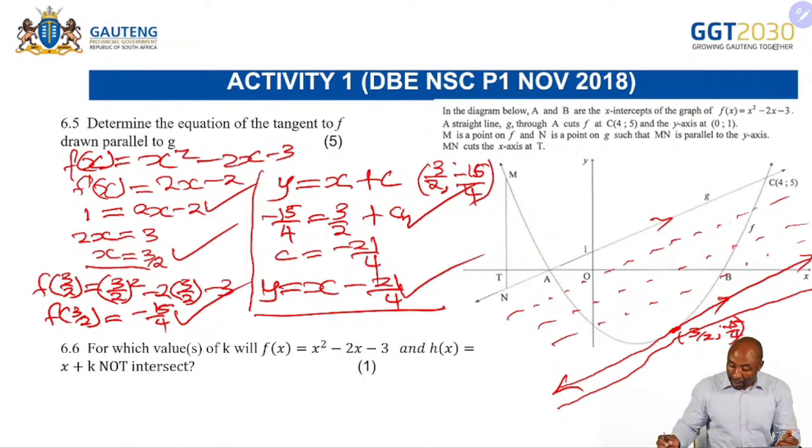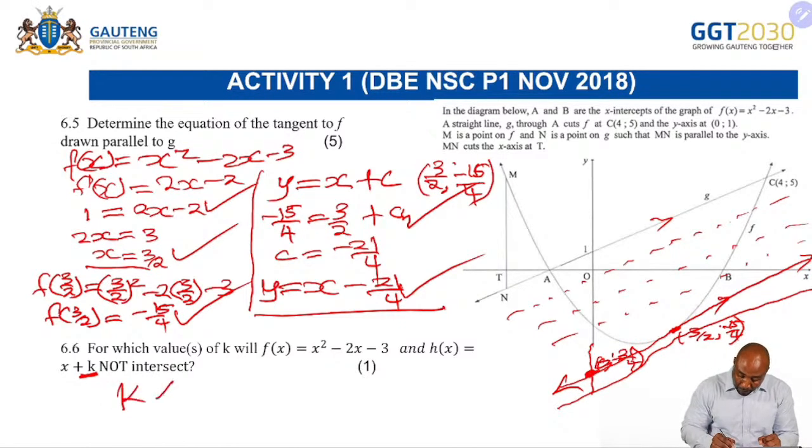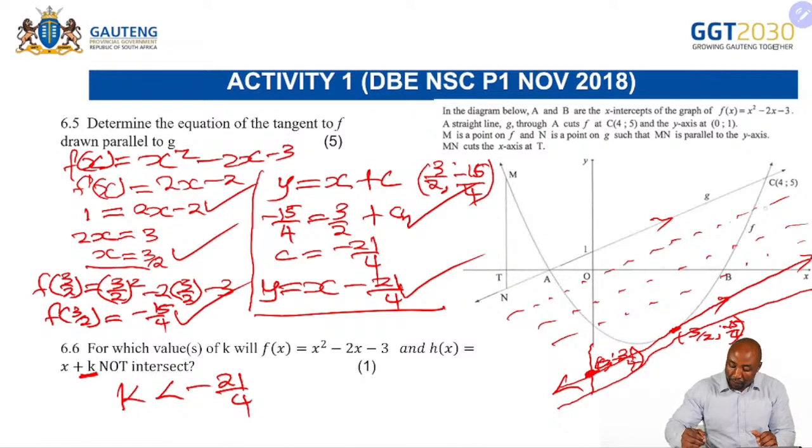In this case, our y-intercept here, we found it as 0 and negative 21 over 4. So it means our k in this case must be less than negative 21 over 4, because once it's less than that, it means it does not intersect the curve of our parabola.